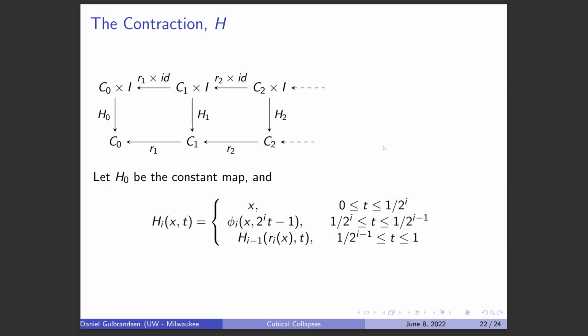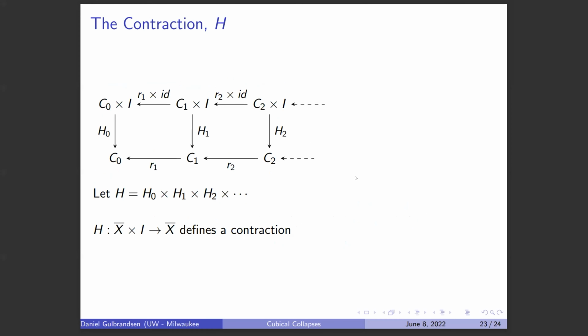With that, you just define H as sort of the product of all these maps. That gives you a map from the inverse limit upstairs to the inverse limit downstairs. And the way it was defined, if you choose any time greater than 0 for this second factor here, you'll find yourself inside one of these compact subcomplexes.